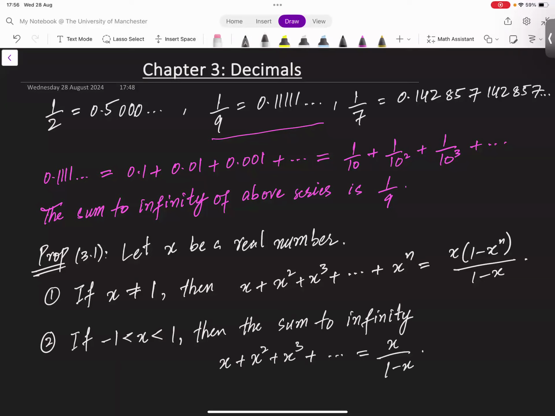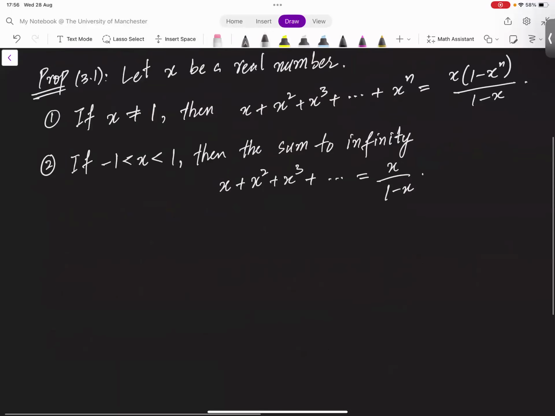Perfect. And we can prove this. So we can give a proof for this.